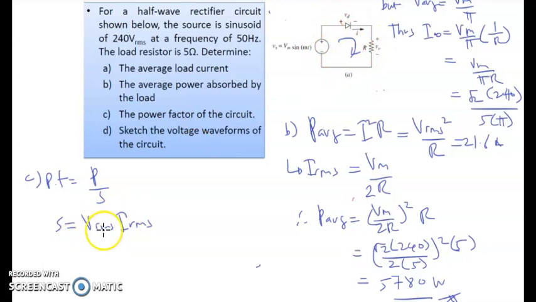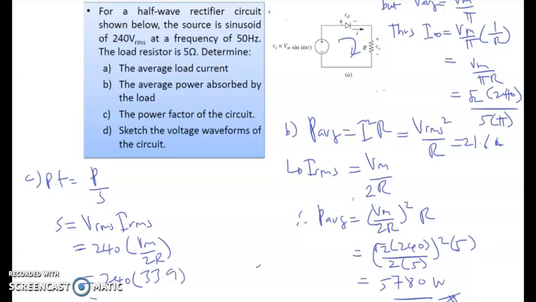But the voltage is generated at the source. Means that we have Vrms of 240 volts times the Irms, which is Vm over 2R. So 240, Vm is the previous amount that we calculated.